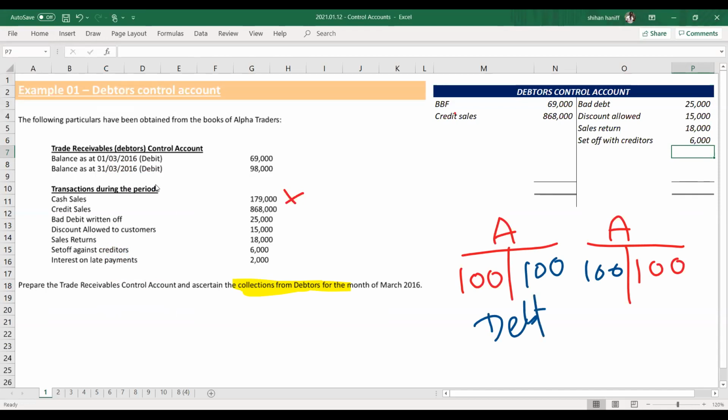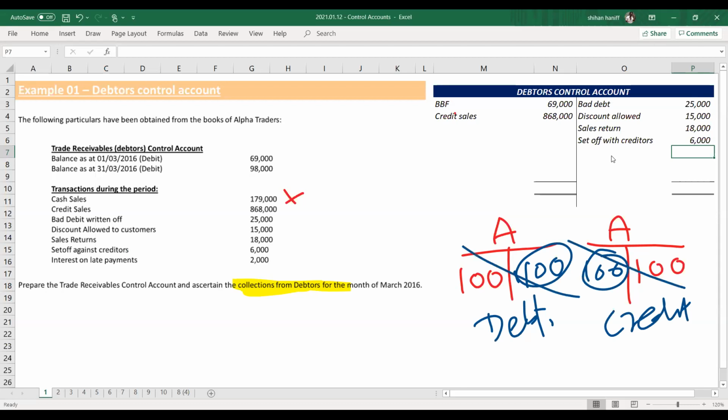Debtors account will be credit, and creditors account will be debit. So always set off will be credited to debtors account and debited to creditors account. Debtors account credit, creditors account debit. That's the double entry for set off.